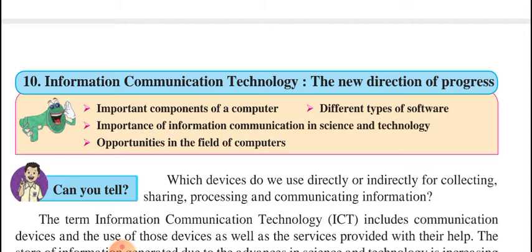Whatever chapters I cover are all there in your unit 1 test. I will tell you the portion and pattern when your exam is there, so don't ask me, ma'am, when the exam is. I will give you an idea.